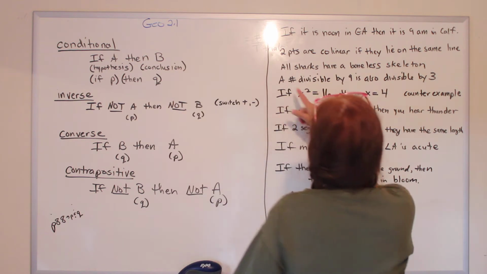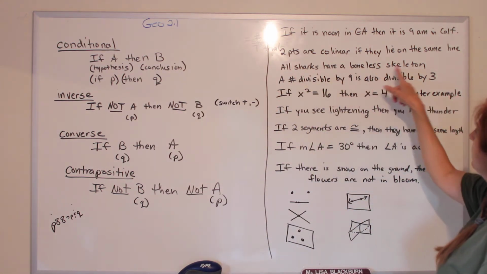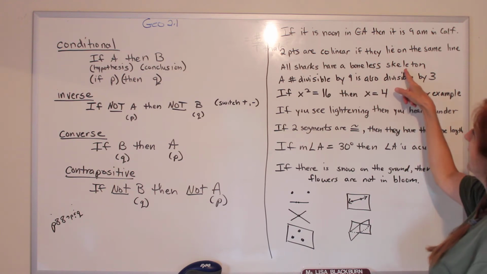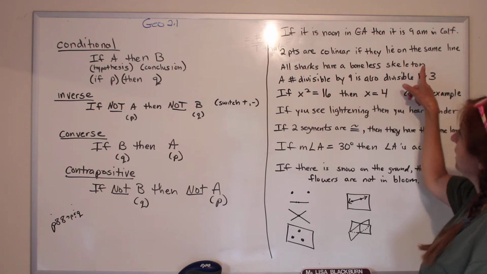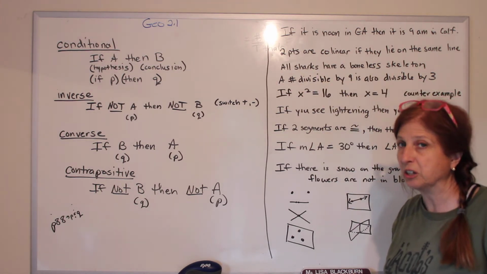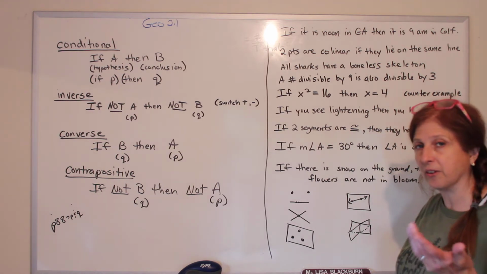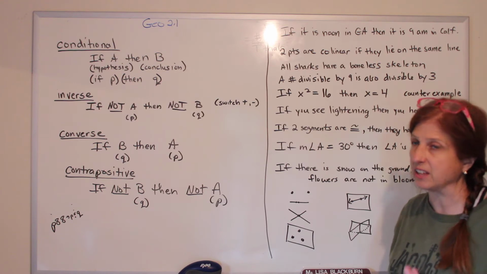All right, so let's try another one. We're going to make it if-then. All sharks have a boneless skeleton. We could say, if a fish has a boneless skeleton, then it is a shark. Now, is that true? I don't know. Are there other things that aren't sharks that have boneless skeletons? See how the truth doesn't really matter?